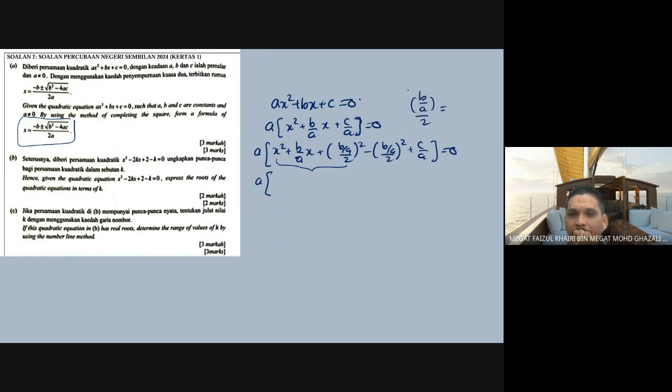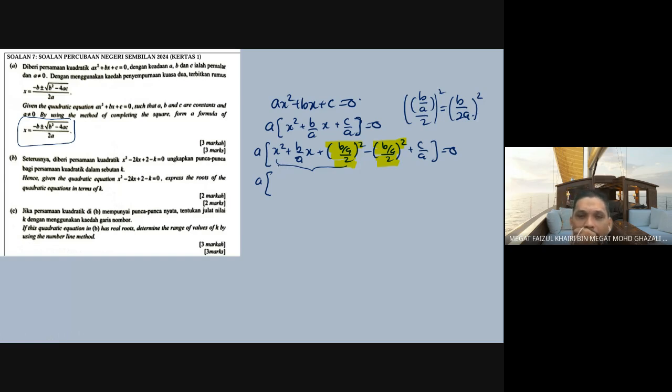And this, especially look at this one, we can simplify this one here, b over a divided by 2, which is equal to b over 2a. So if it is squared here, then b over 2a squared.